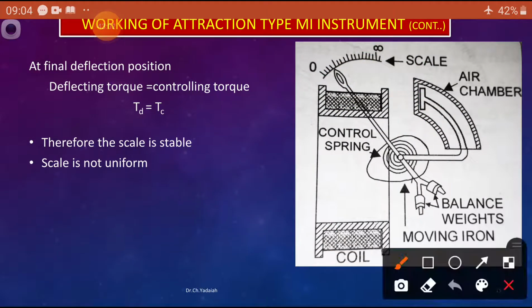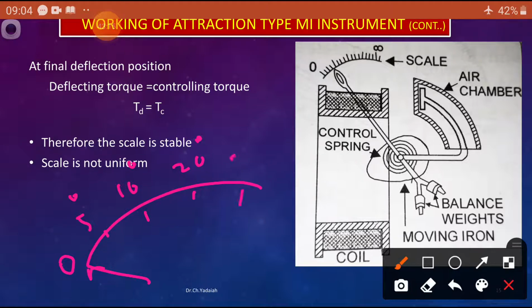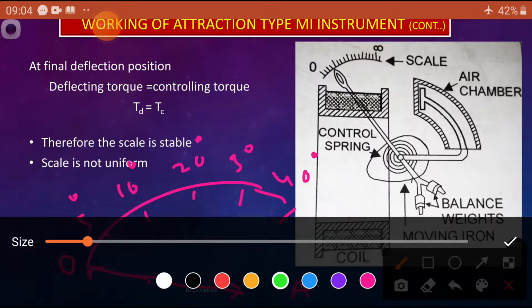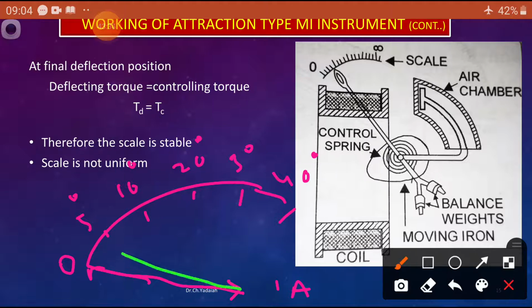For example, take one graph here. This is 0. For example, 5 degrees, 10 degrees, 20 degrees, 30 degrees and 40 degrees. When 1 ampere is applied, it moves from 0 to 5 degrees.